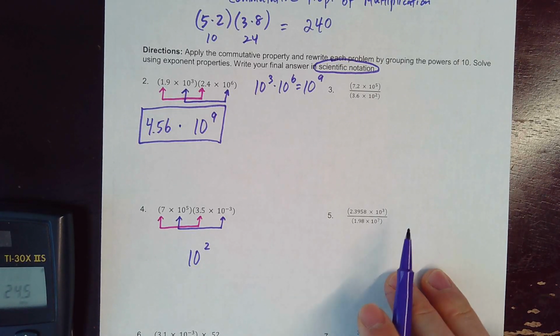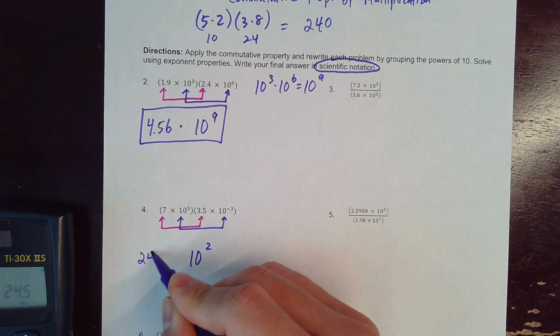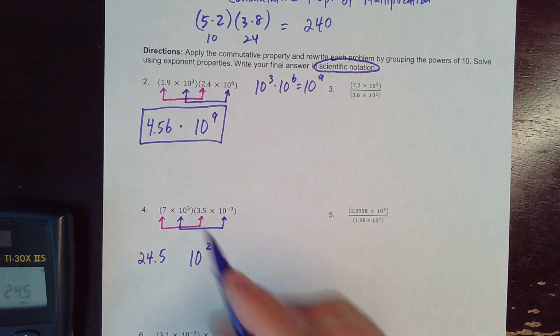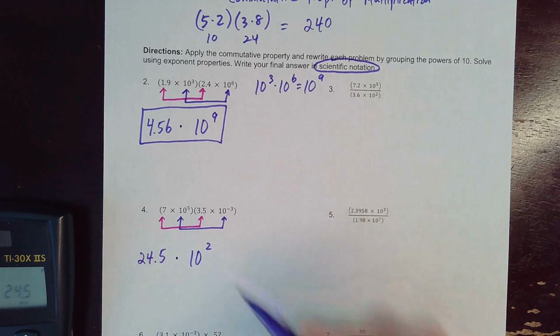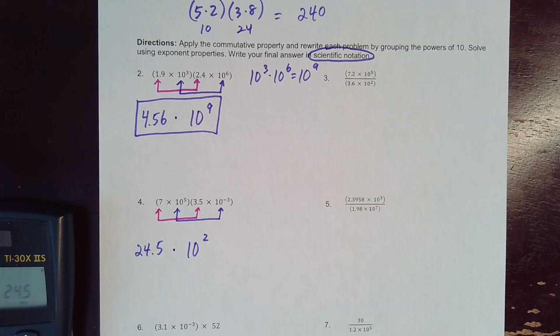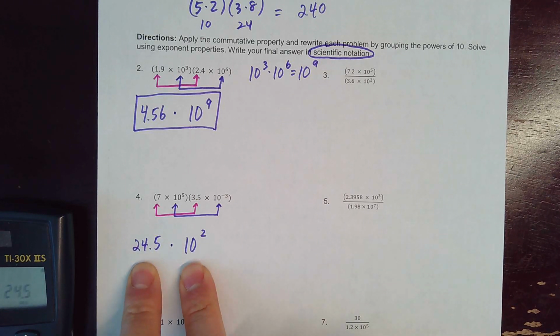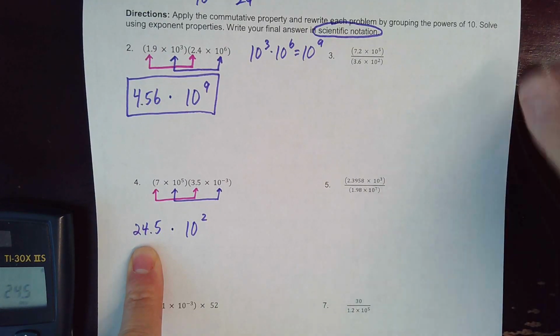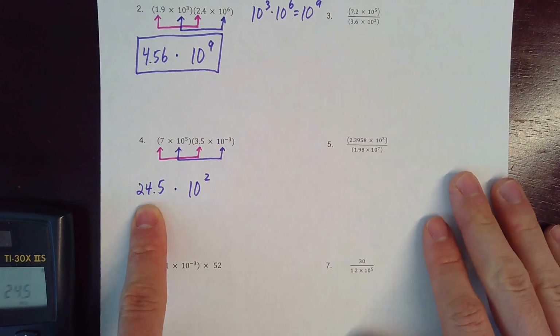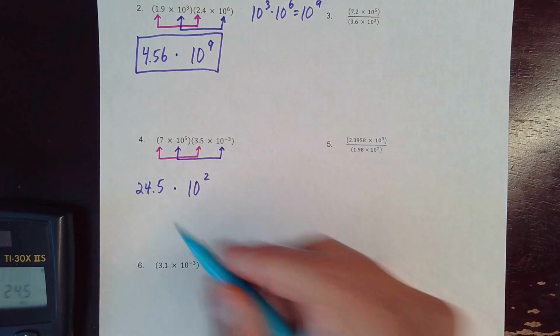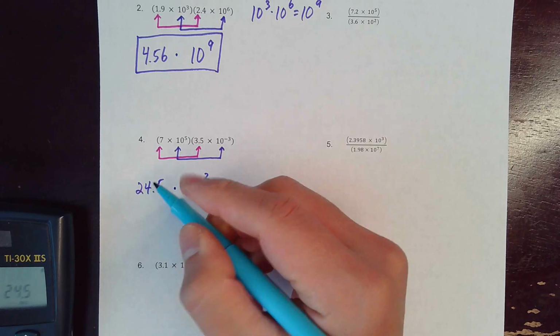And 7 times 3.5 is 24.5. Now, I would box this answer if this was in scientific notation. What do we notice about this right now, class?